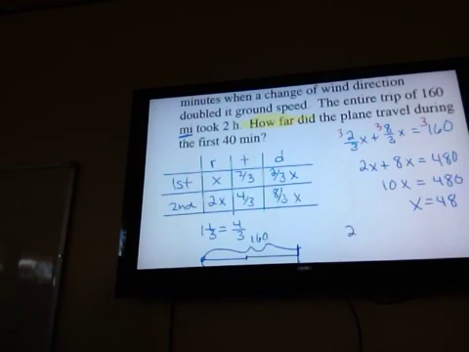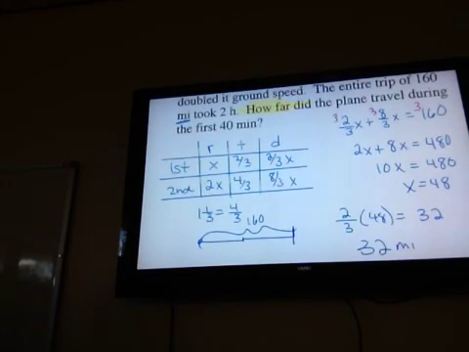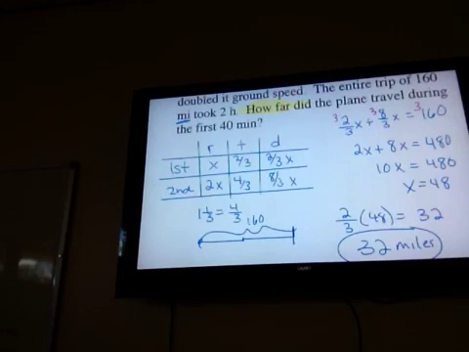So 2/3 times 48. And I get 32. So 32 miles during the first part of the trip.